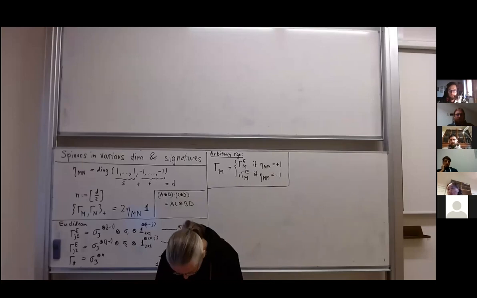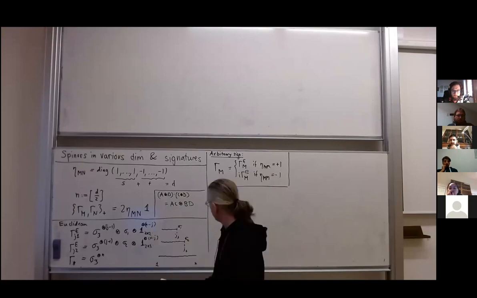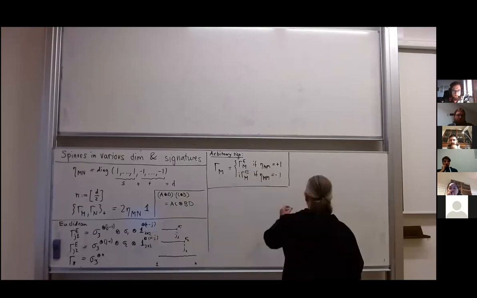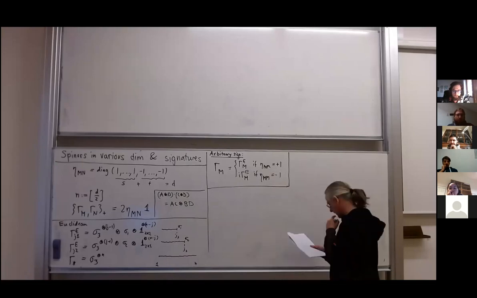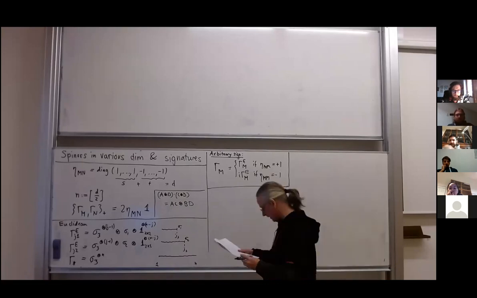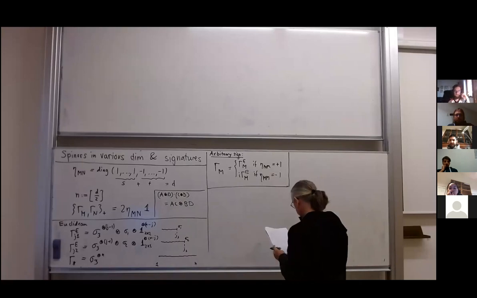Now comes the question of how do we, so one important thing in the classification of representations, whether we can make Majorana and all this stuff, is that we need to have a charge conjugation.